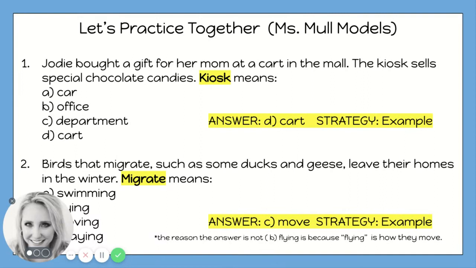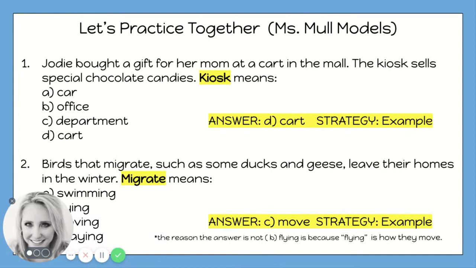We have the word office. I mean, I don't think of the word office when I think of the word mall. There are offices, I'm sure, in the back of different stores for the manager and different things, but it's not like an office building or like a school where there's a front office. I'm left with the word department and cart.